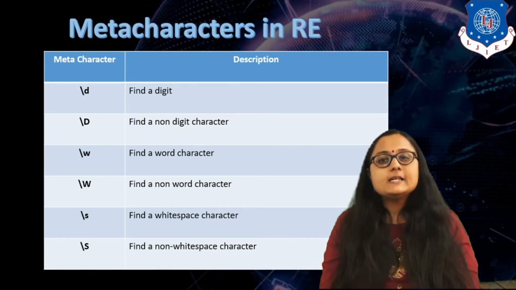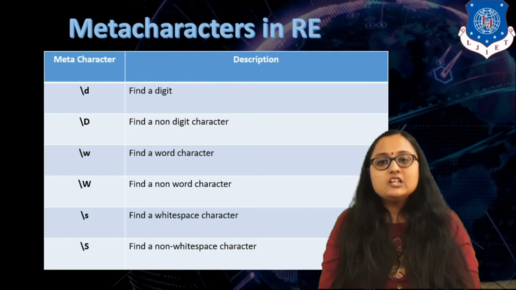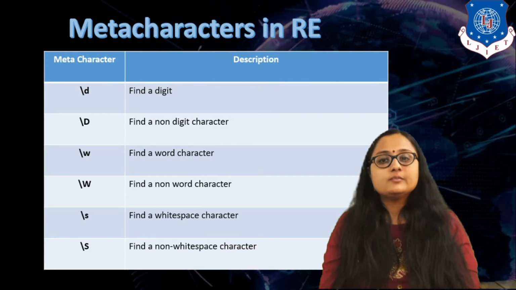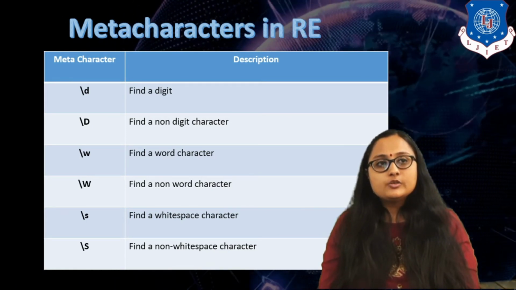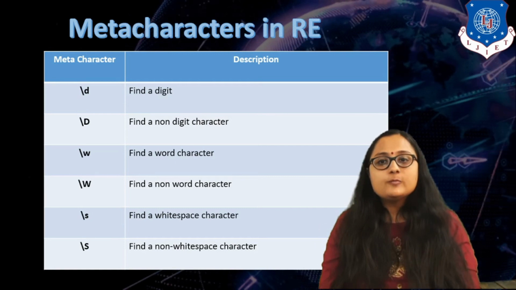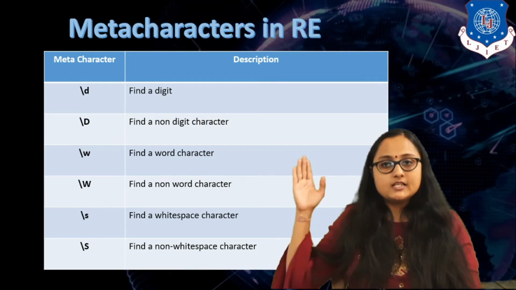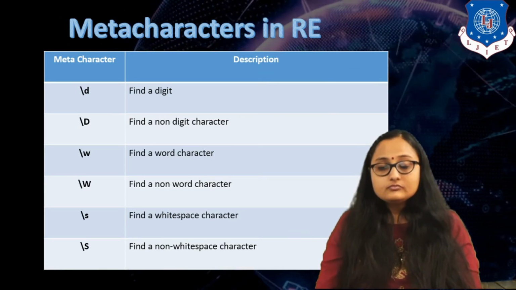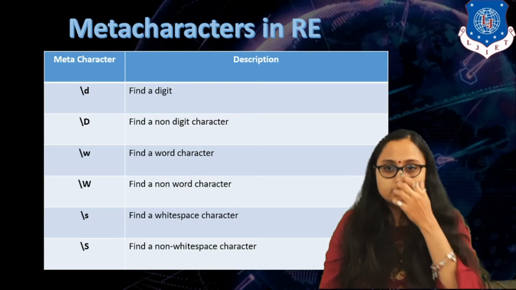Now let us see meta characters in RE. We have already studied the range, the brackets, modifiers, quantifiers. There are some shortcuts in the form of meta characters that you can use in regular expression. Which are they? These are they. If you want to find a digit in your specified string, minimum one digit should be present.